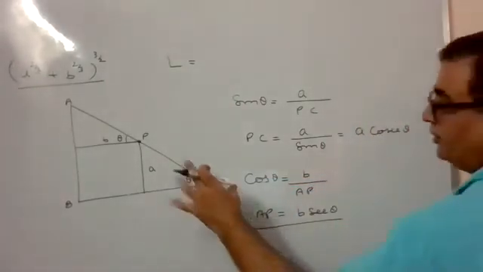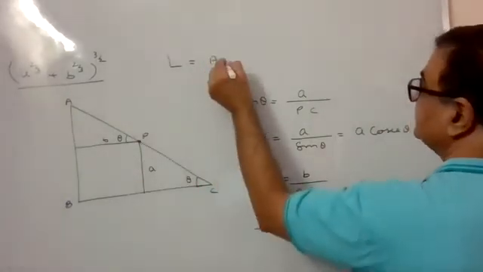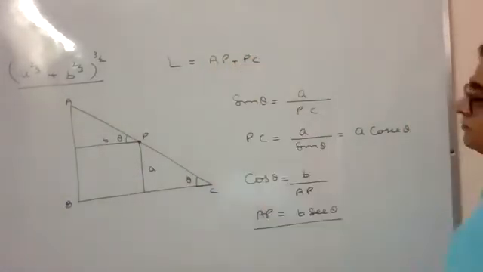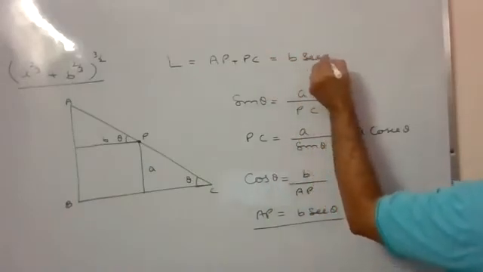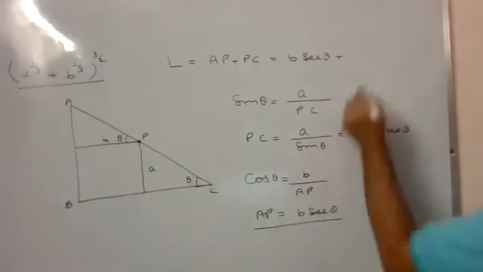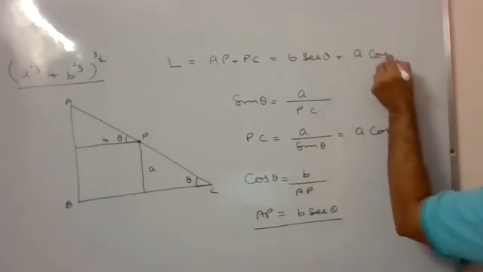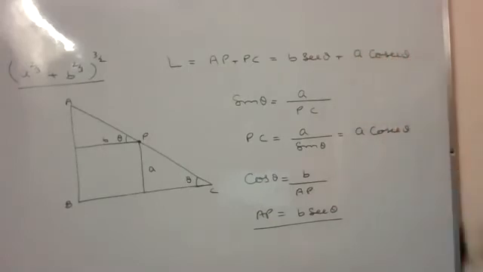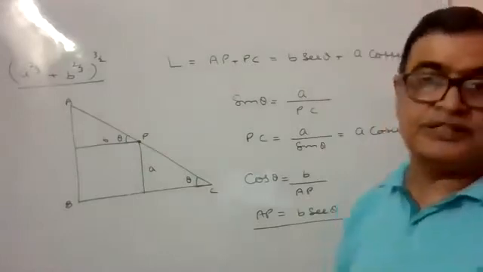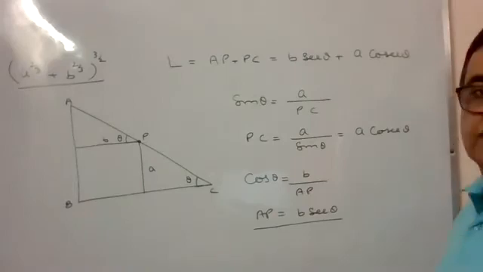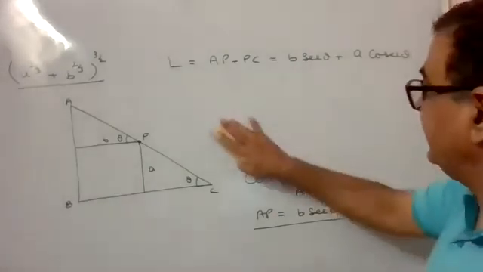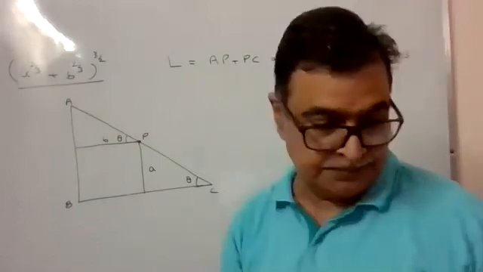So length is AP plus PC. AP will be B sec theta plus A cosec theta. This is the length we have. So B sec theta plus A cosec theta is the length of the hypotenuse, and I want this to be minimized.